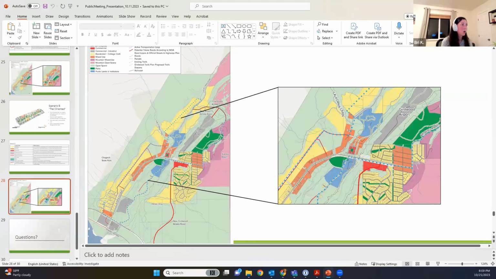Our goal is to take all those comments and pick pieces from maybe both maps, or incorporate things that are missing, things that we maybe didn't think of, into a final map. I just wanted to say that so that people don't feel like it's one or the other and that they don't like either. Our goal is to come up with something that we feel represents your comments and still meets your goals and visions.